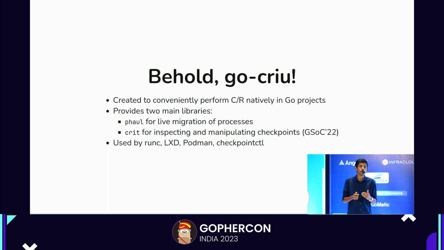In case you know that you're performing checkpoint and restore across two different environments and you know the differences, you can use this to resolve those differences and ensure that your restore works. And this library is currently being used across multiple projects: runC, LXD, Podman, CheckpointCTL, and most recently Kubernetes has also used this library to provide native support for checkpoint and restore.